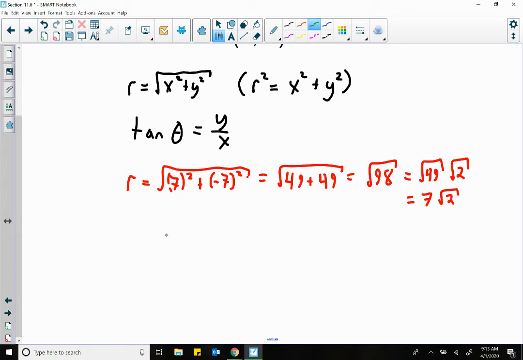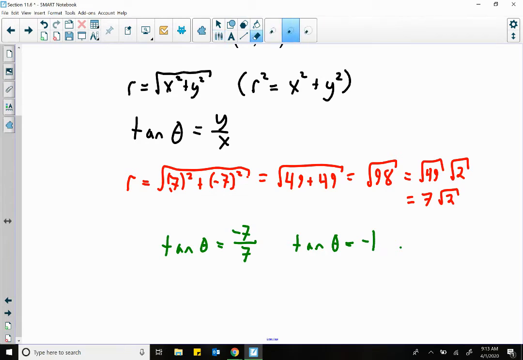To find the theta value, tan theta equals our y value, which is -7, all over our x value, which is 7. Or if you really wanted to simplify that down, what you're looking for is tangent theta equal to -1. So we want to know when tangent theta equals -1, because in order to get theta by itself, we run the inverse trig, tan^-1.